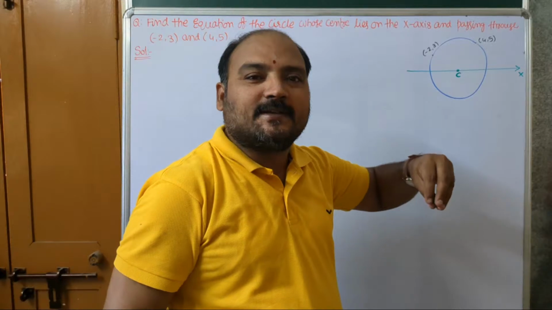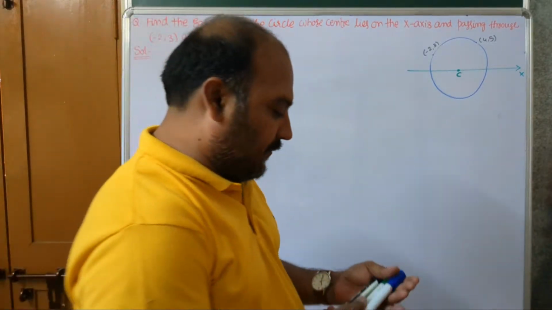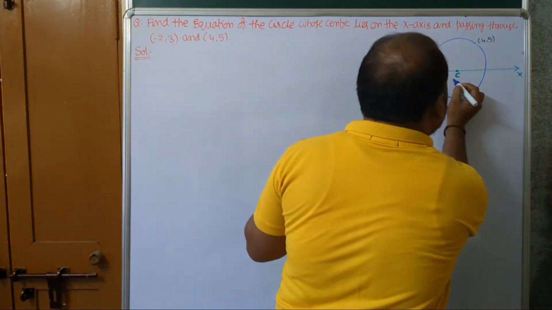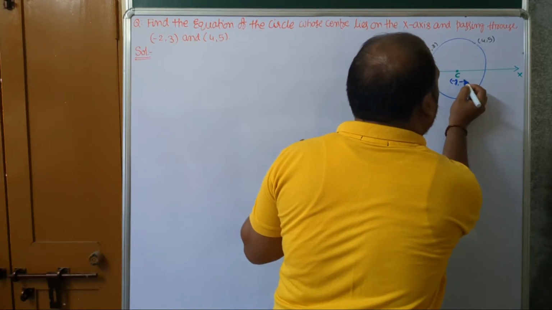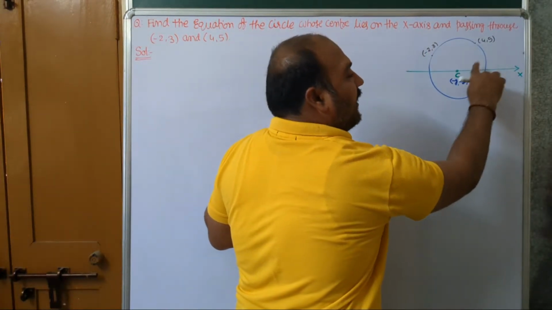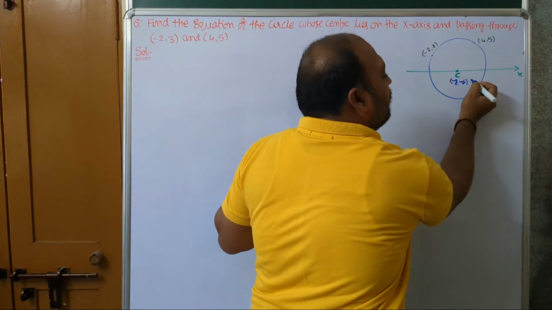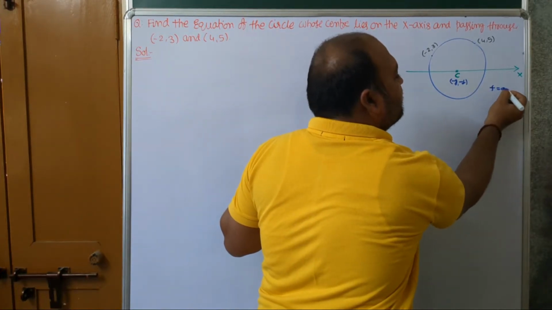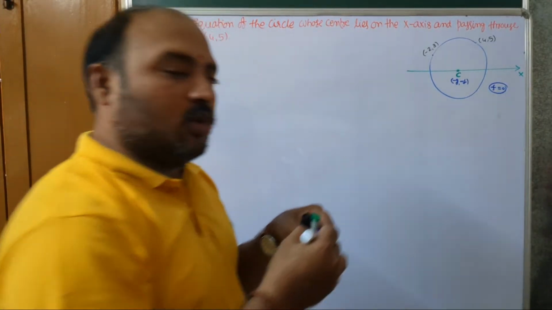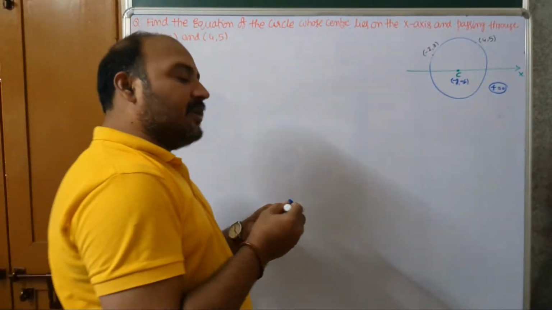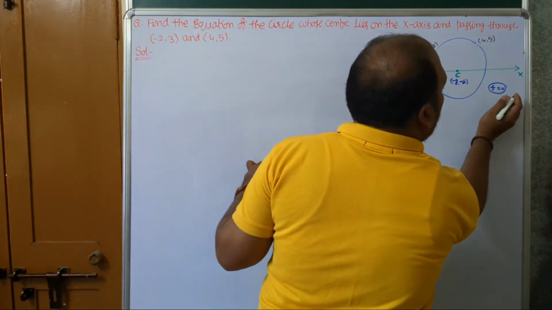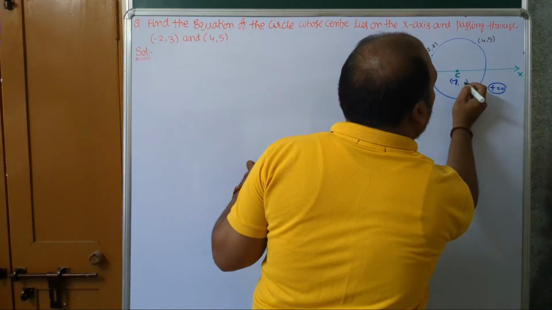The center is generally (-g, -f). Whenever it lies on the x-axis, the y coordinate, the f value, goes to be 0. So here f is 0.